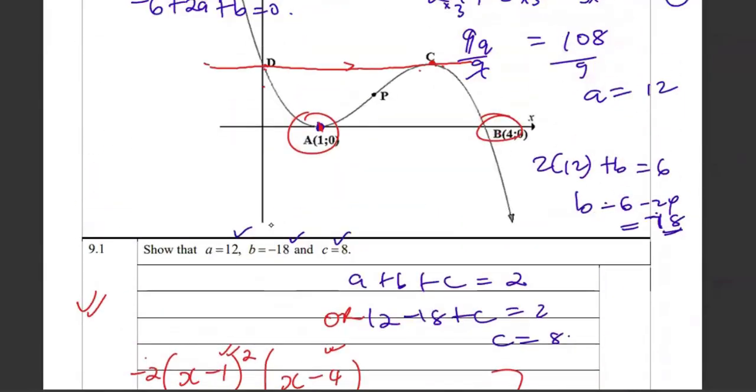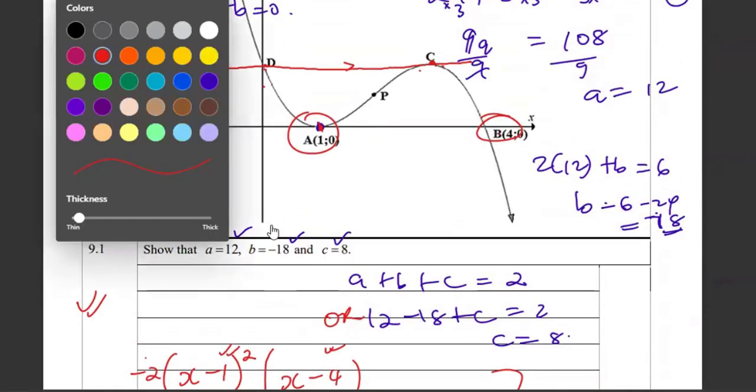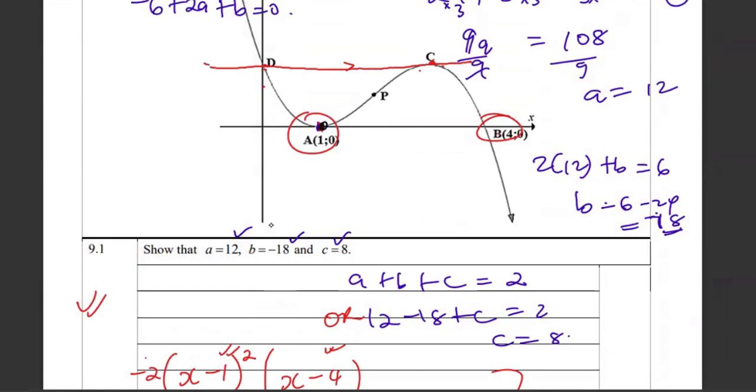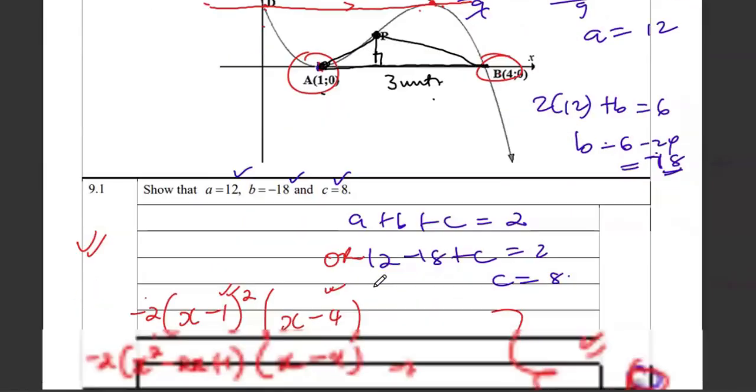Okay, so if I'm to draw that triangle, I'm saying A, P, and B. So meaning that I need to get my base, which is going to be 3 units, because 1 and 4 is 3 units. The only thing I need to get is this height, which will be obtained from the point of inflection.